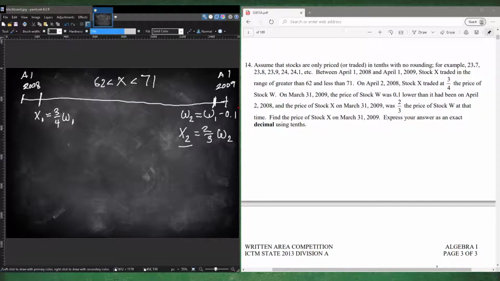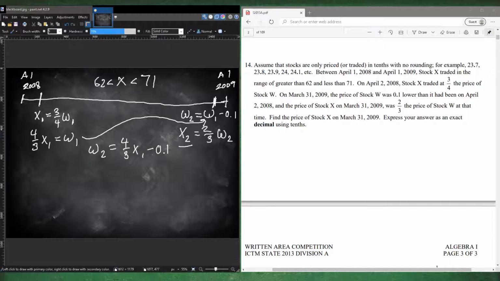So what we could do is rewrite everything into one equation. Let's have this equation as 4/3 of X1 is equal to W1. So we could plug this one into here: W2 is equal to 4/3 of X1 minus 0.1.